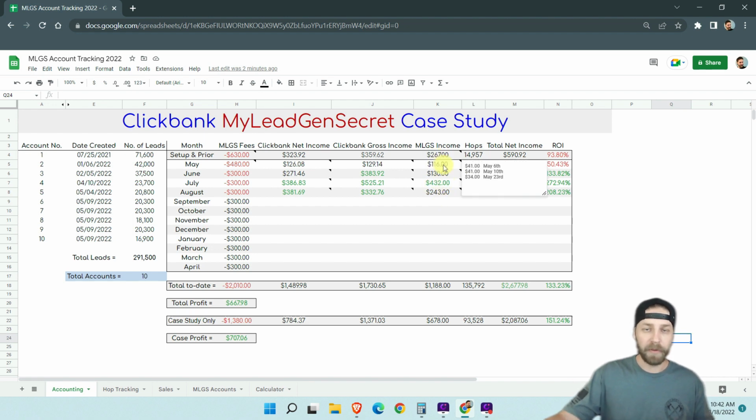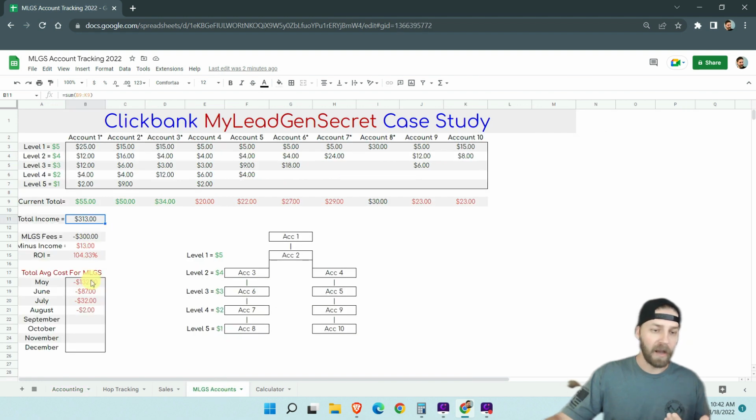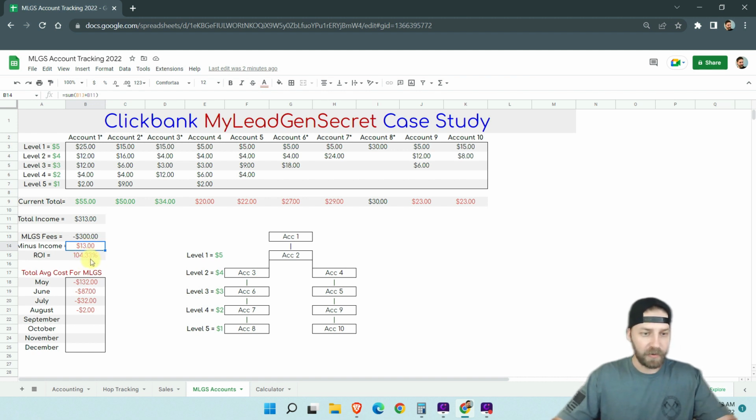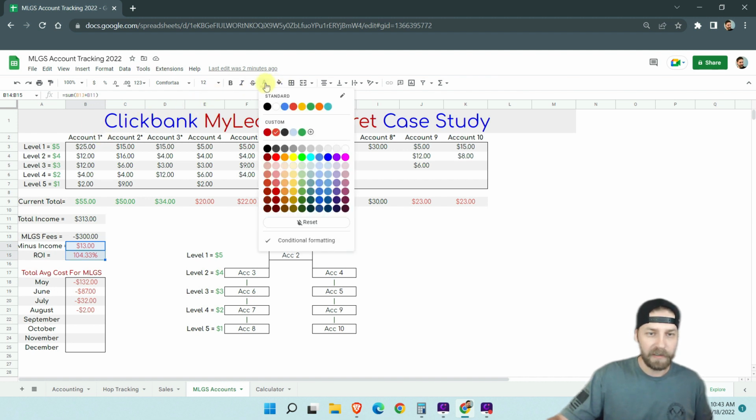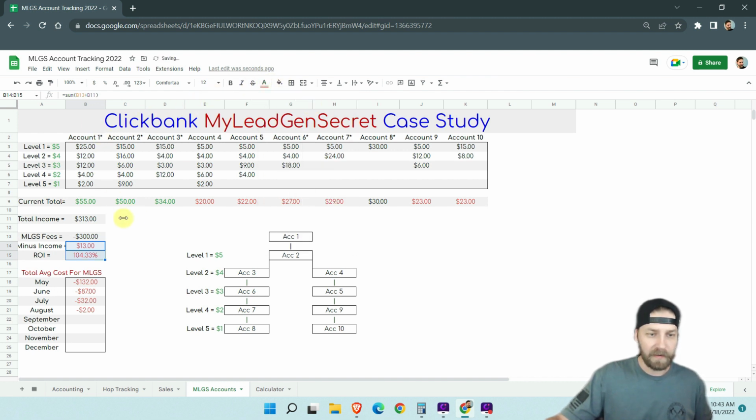Over the course of my case study, I've been referring more and more people, so I have been reducing my cost for My Lead Gen Secret. Currently, actually, this is going to be a positive now, so I need to update this. Let me fix this real quick. Oh, no, actually they're conditional, so let me not do that.